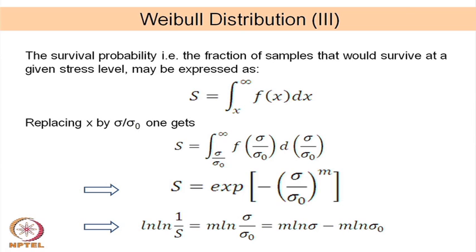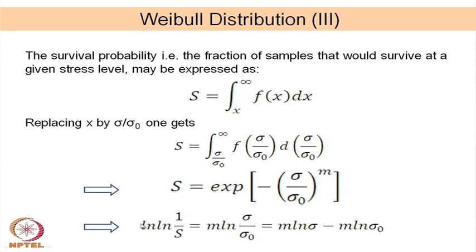Replacing x by sigma by sigma 0, which we have done earlier, you get the integral of f(sigma by sigma 0) d(sigma by sigma 0), and by integration you get this solution, that is S equals exponential minus (sigma by sigma 0) to the power m, where m is the Weibull modulus.